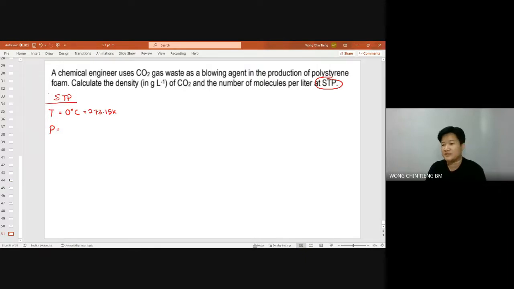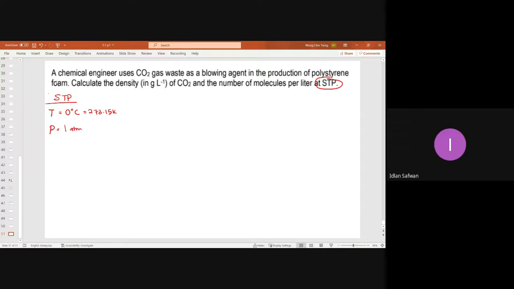STP pressure, easy. STP pressure berapa? Quick. Yang lain? One ATM is. Thank you.